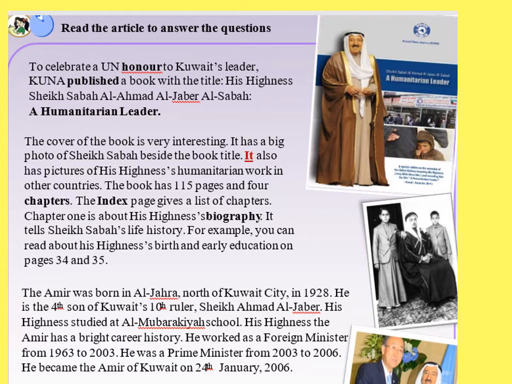His Highness the Amir has a bright career history. He worked as a foreign minister from 1963 to 2003. He was a prime minister from 2003 to 2006. He became the Amir of Kuwait on 24th January 2006.